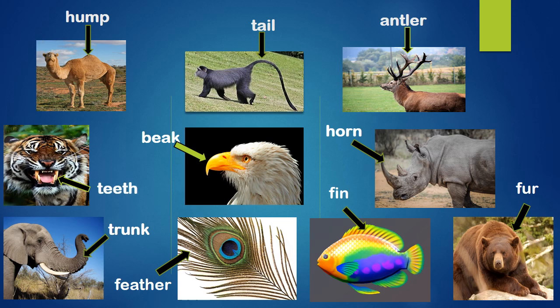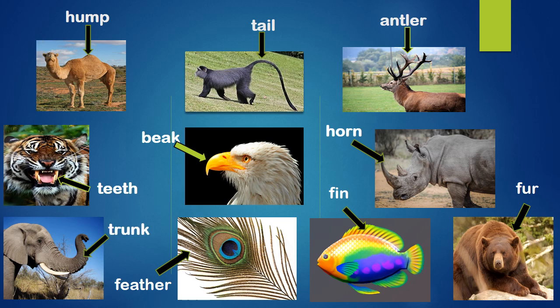Teeth. Teeth help the tiger to hold and tear its prey. Beak. Beak helps the eagle to catch and rip its prey. Horn. Horn helps the rhino to defend itself from its enemies. Trunk.